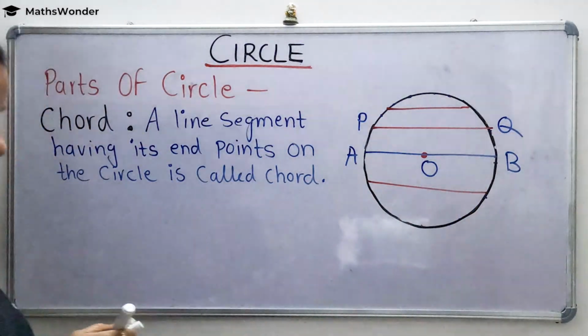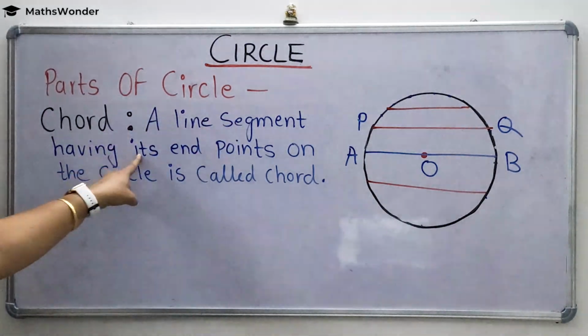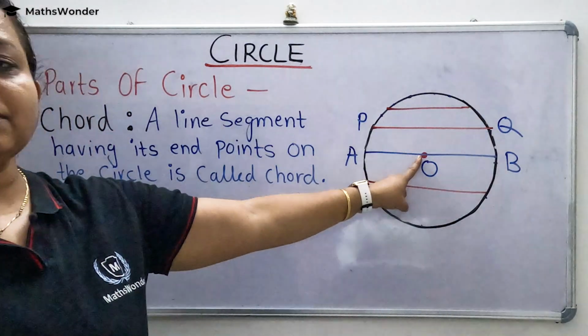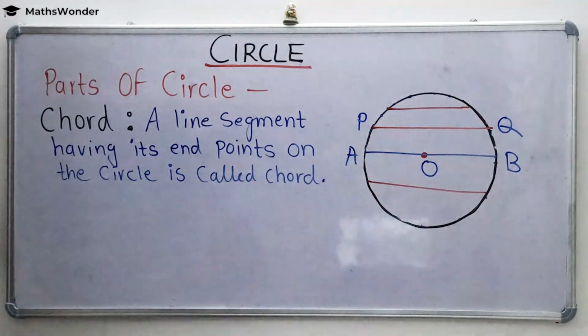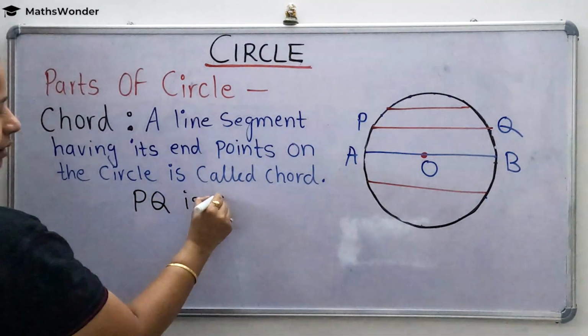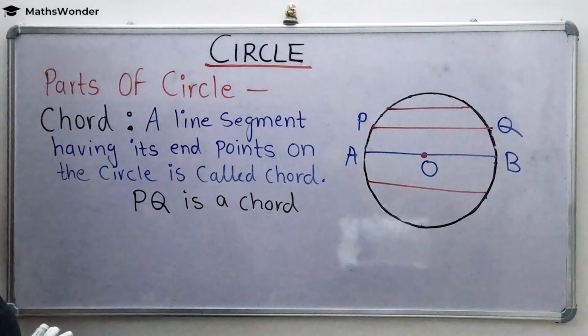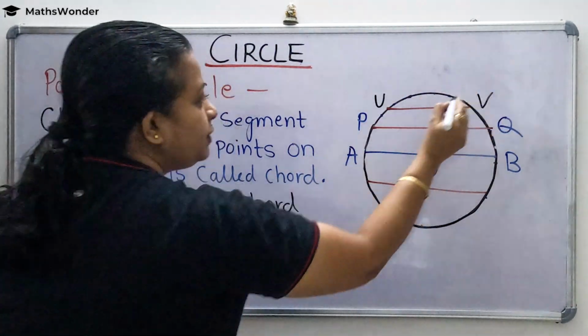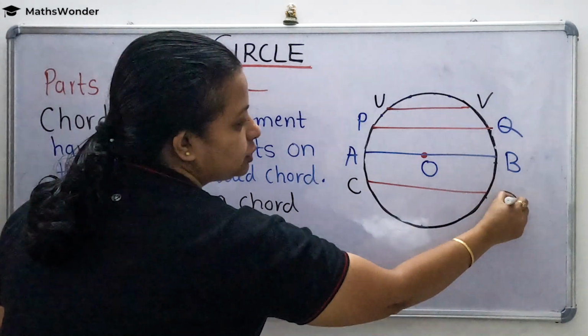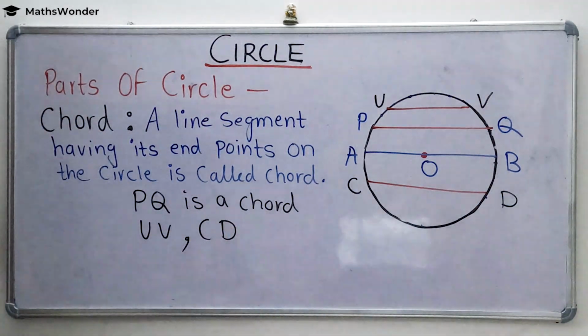It is a line segment having its endpoint on the circle, from this endpoint to this endpoint, but it never goes through the center. So we call it a chord. Suppose I name the line segment PQ, so PQ is a chord. UV is also a chord, and this one I can name CD, so CD is a chord. Understood the chords? It will never pass through the center of the circle.